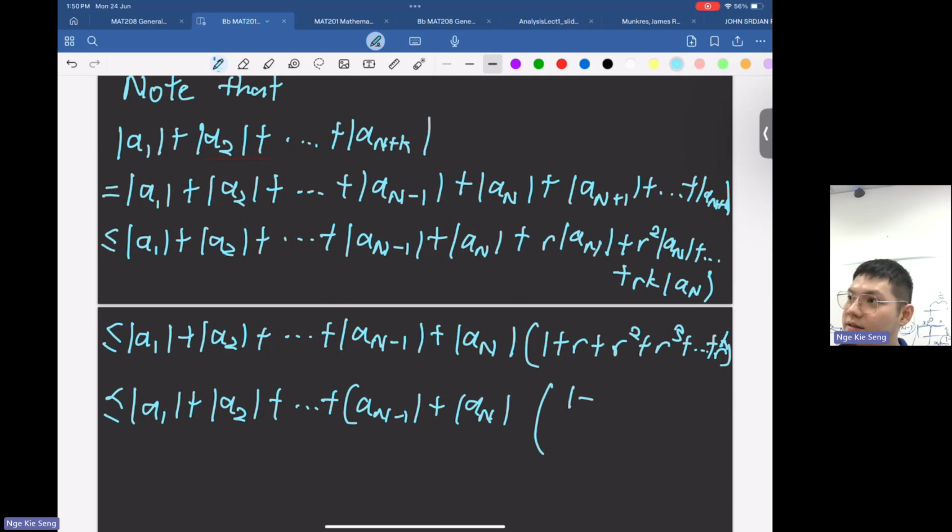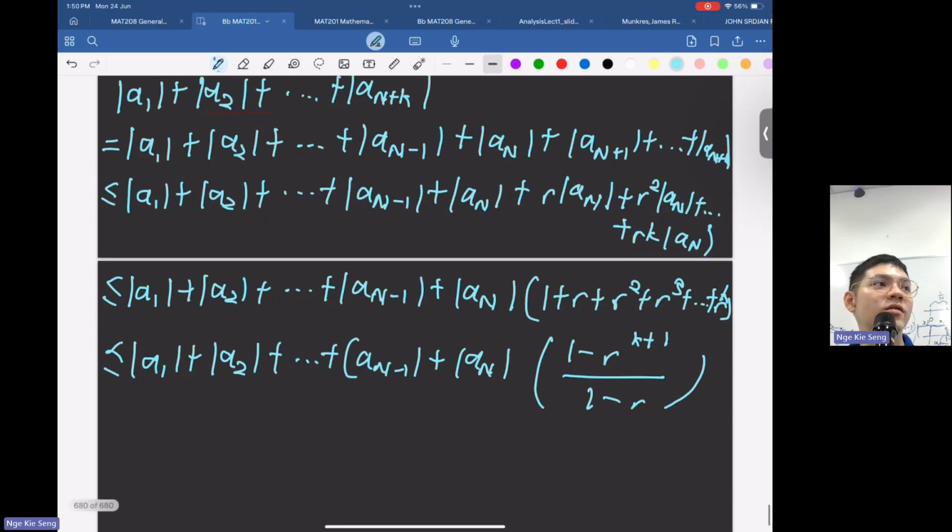1 minus r to the k plus 1, over 1 minus r. But this r is in between 0 and 1, so meaning this sum actually converges.